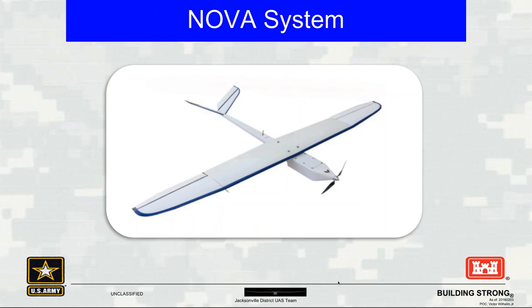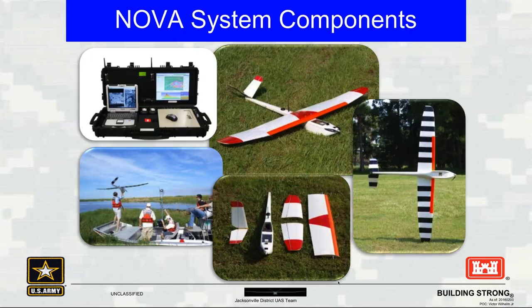There you can see the Nova system, the plane as it is today. Next slide. The components are the ground station unit up in the top left. The plane breaks down into a tail rudder, the wings, and the fuselage.